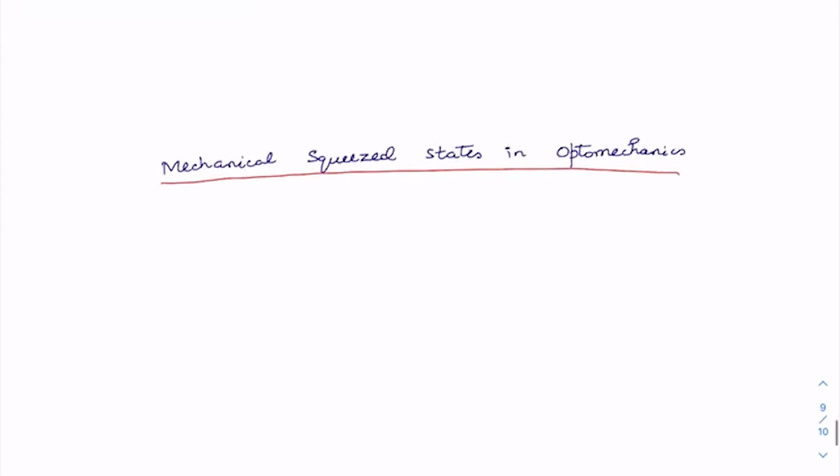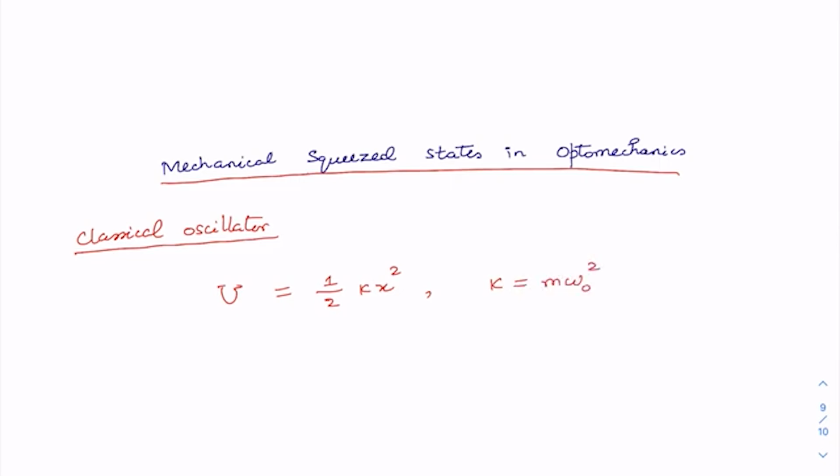As you know, in a classical mechanical oscillator, the potential energy function for the usual harmonic oscillator is given as U is equal to half k x square, where k is the spring constant, and you know that k is equal to m into omega 0 square. Omega 0 is the natural frequency of the mechanical oscillator.